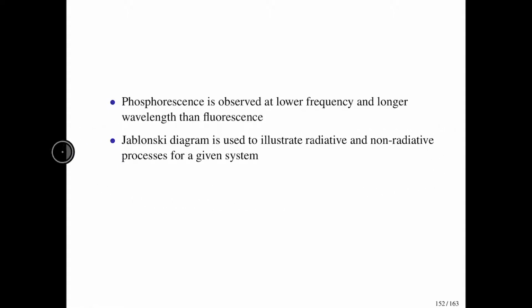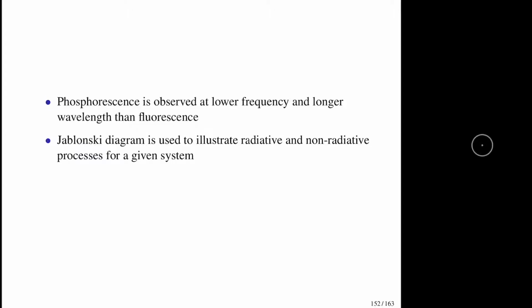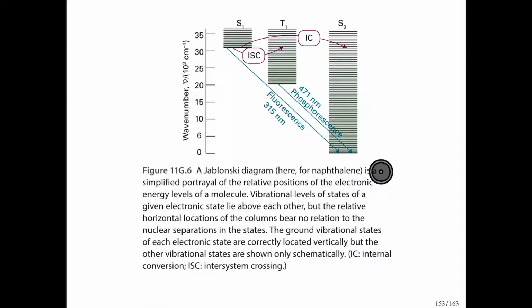A diagram called a Jablonski diagram is used to illustrate these types of processes. Here's an example of one. It shows us the vibrational energy levels on the ground state singlet state, the vibrational energy levels on the excited singlet state, and similarly for the triplet state.